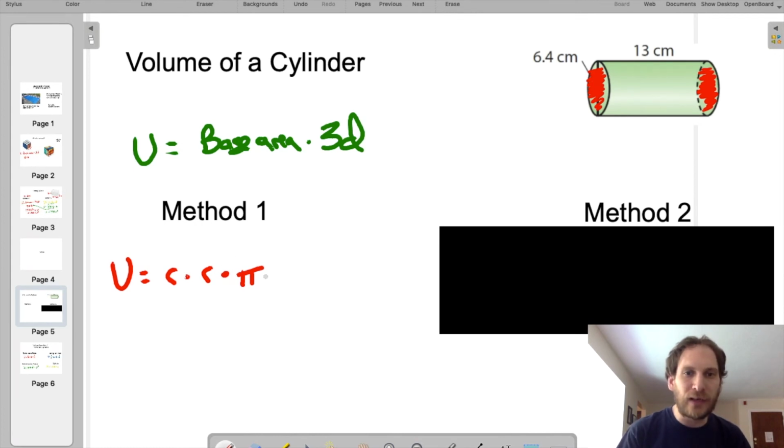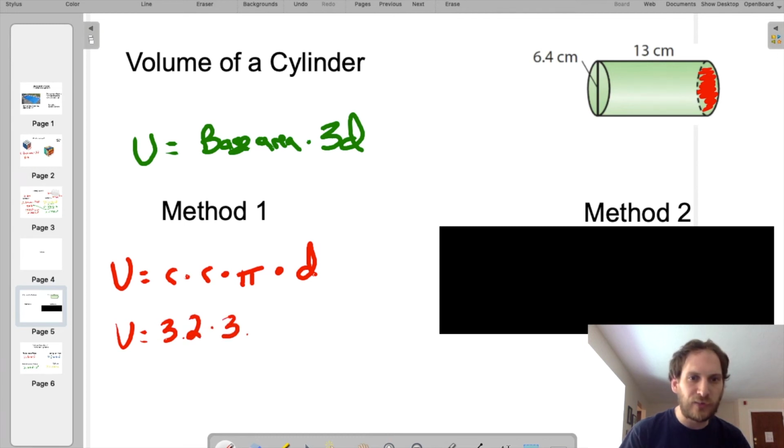And then when we find that answer, we're going to take it times, in this case, we're going to call it length, or we'll go depth here. Okay? Well, radius times pi, the radius of this circle is actually half of 6 4/10. So that would make this 3 2/10 times 3 2/10 times pi.